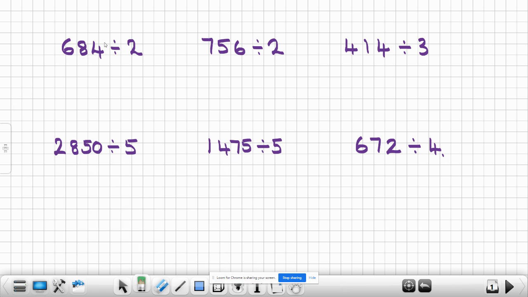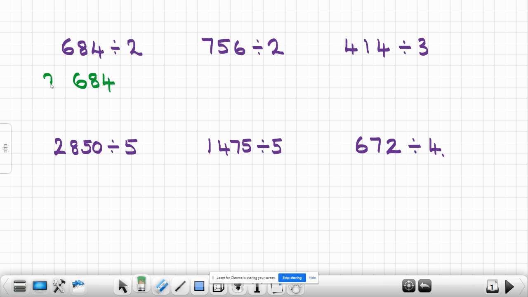And because this is an even number, and an even number will end in 0, 2, 4, 6, or 8, then we know that it can be divided equally by 2 with no remainder. And this is how we write it. So I'm going to start with the number we are going to divide up, which is 684.